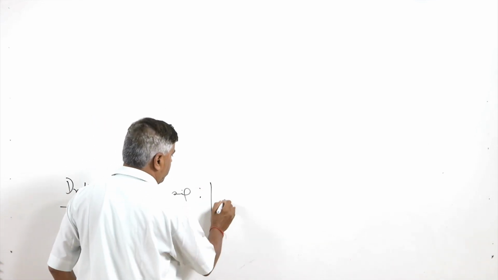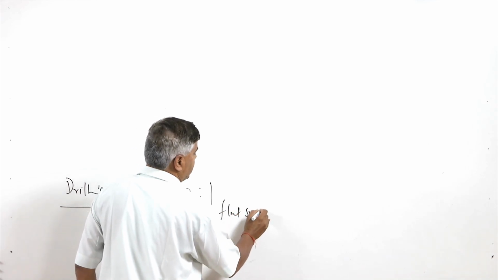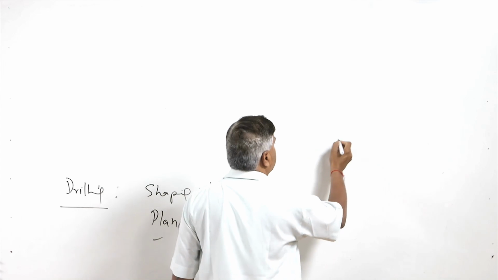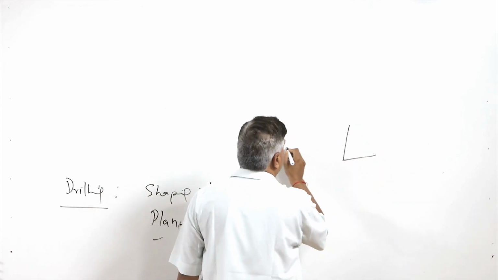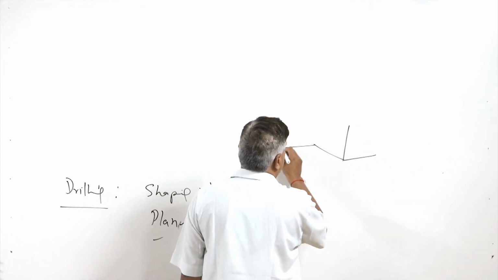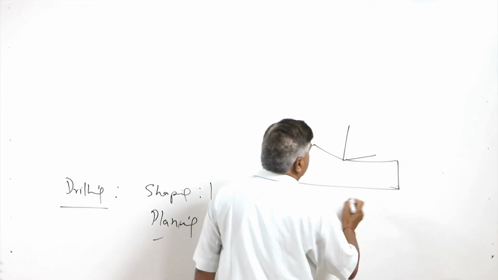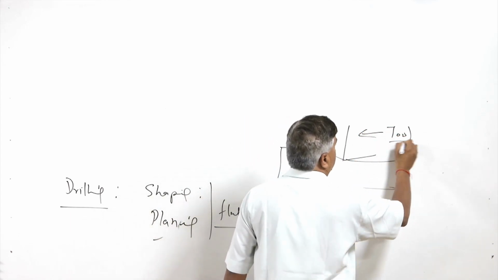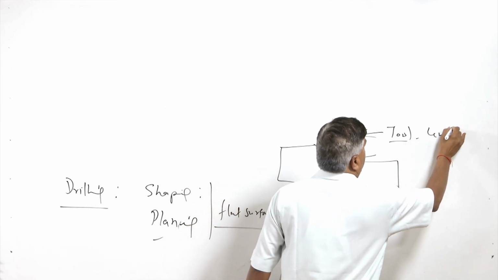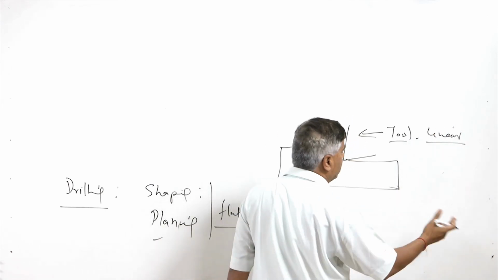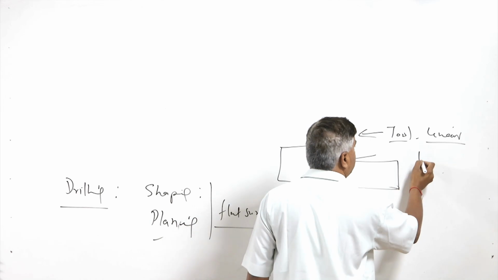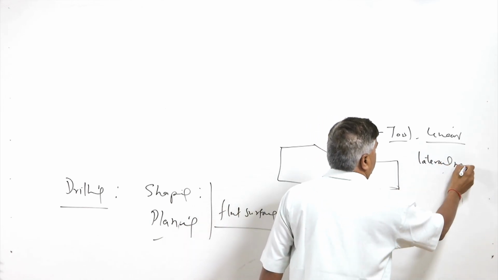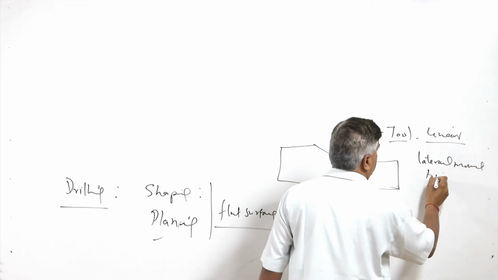Both are used for producing flat surfaces, with the difference that in case of shaping, the tool is given the linear movement for the cutting purpose, and the lateral movement is given to the workpiece.